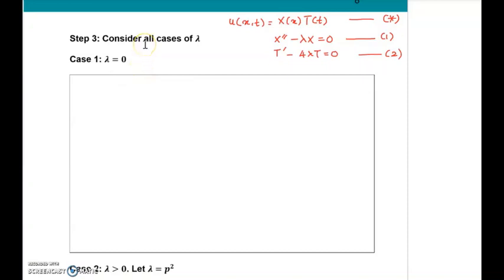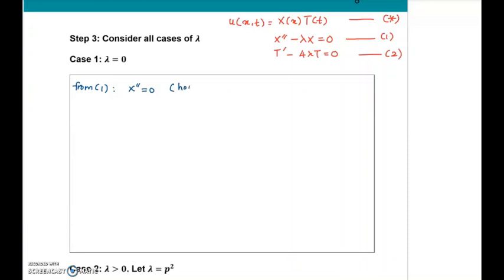When lambda equal to 0, from equation 1, we are going to have X double prime equal to 0. Just like what we have in the second chapter, where we deal with y double prime and so on, this is basically the same thing.